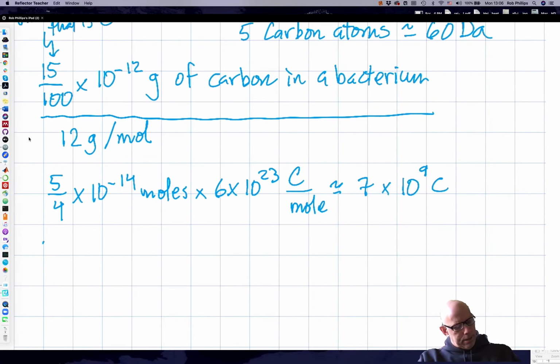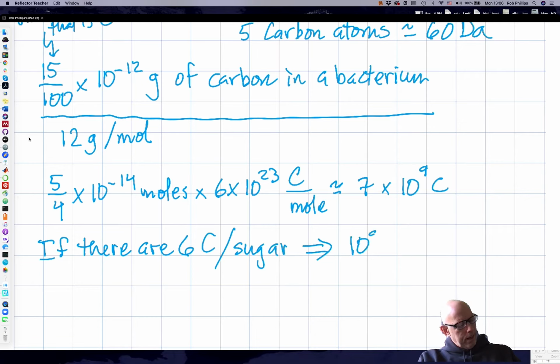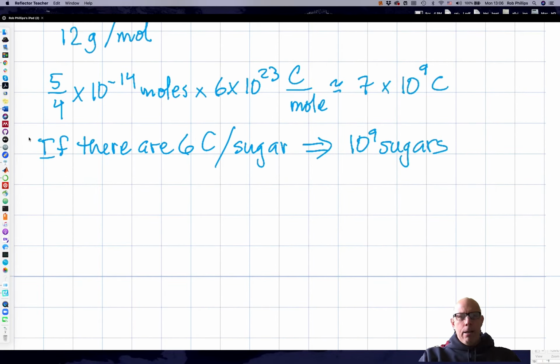And if there are 6 carbons per sugar, this implies something like 10 to the 9th sugars. Okay, so again, I'm doing street fighting. I'm not trying to put too fine a point on these things, but it's roughly 10 to the 9th sugars.